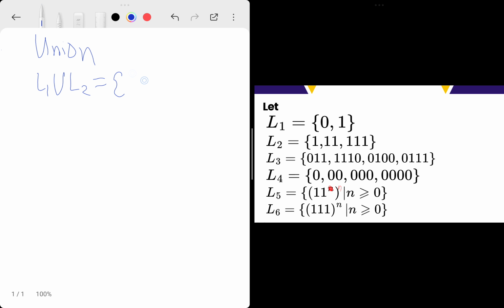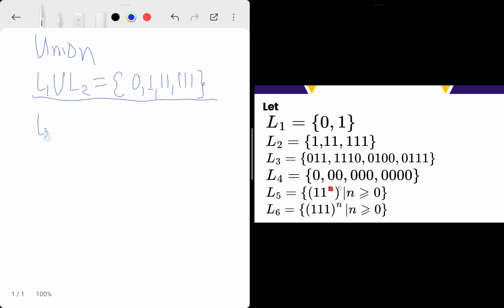We will copy L sub 1, 0, 1. Then we will not write 1 again because it's already here. So we go to L sub 2: 1 1, then 1 1 1. So this will be our union of L sub 1 and L sub 2.